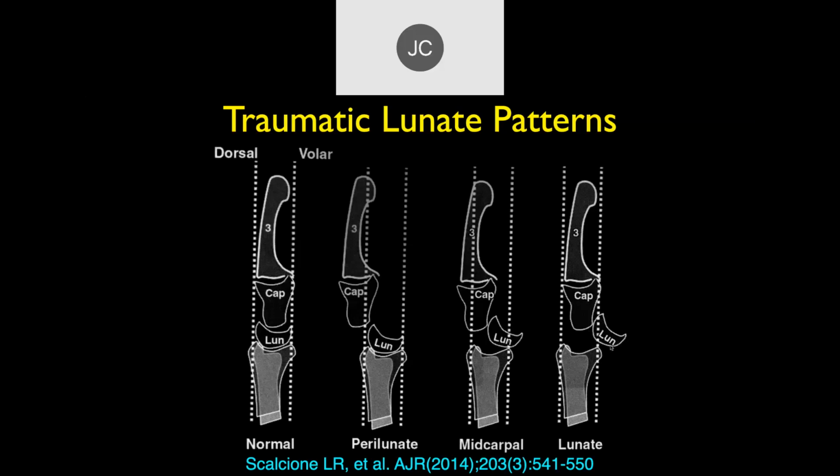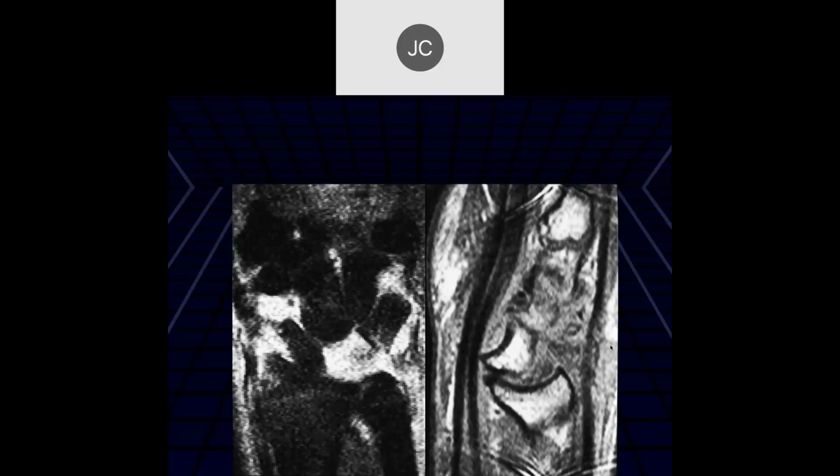So, Danny, what do you think of this case? So it looks like their lunate looks anteriorly subluxed and rotated. Yes. And the capitate morphology I can't really make out here. So maybe a fracture. Yeah, it's hard to say.